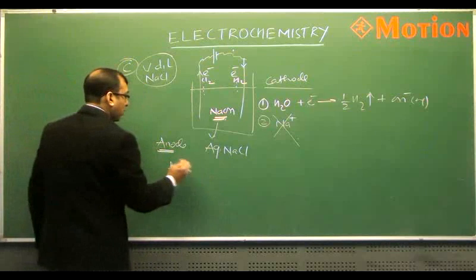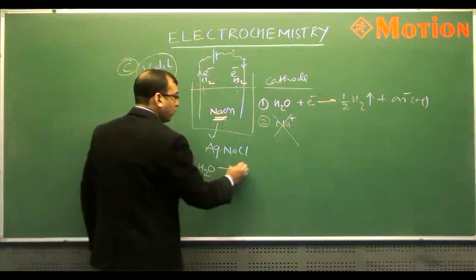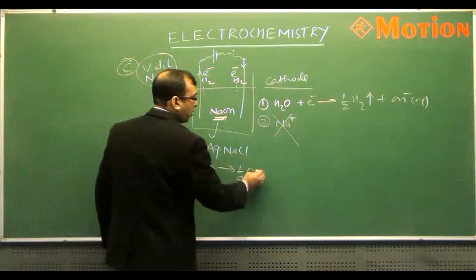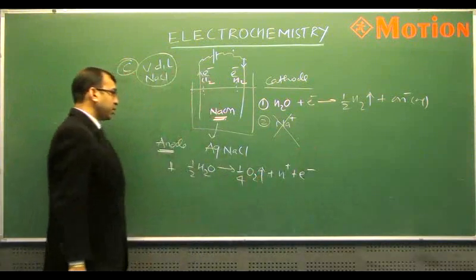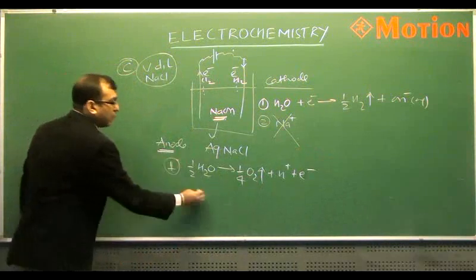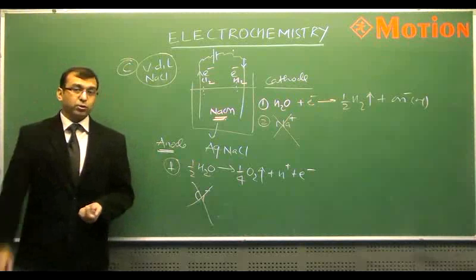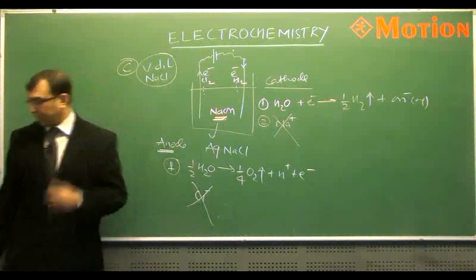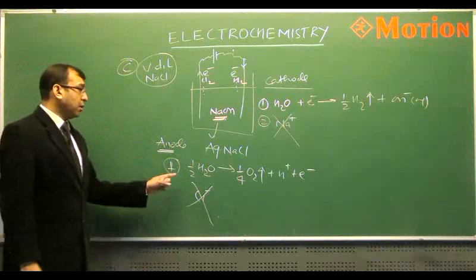Hence at the anode water would be oxidized. What would be the reaction? Half of water forms 1/4 mole of O2 plus H plus and an electron. This would be the reaction at the anode. Cl minus is now outnumbered by the water and poses no threat. Water wins the race.